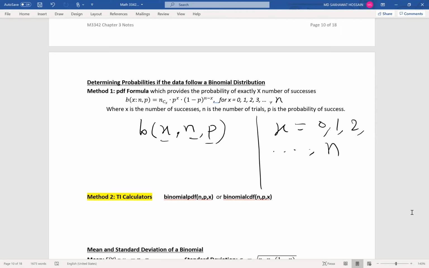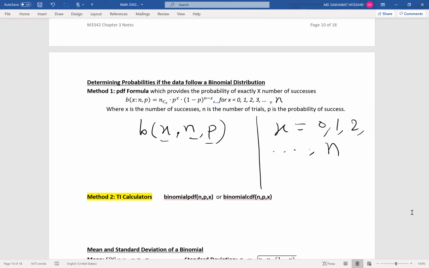For example, if you toss a coin 10 times, you can have 0 heads, 1 head, 2 heads, 3 heads, 4 heads, up to 10 heads. Similarly, if you flip a coin N times, you can have 0 heads, 1 head, 2 heads, up to N heads.